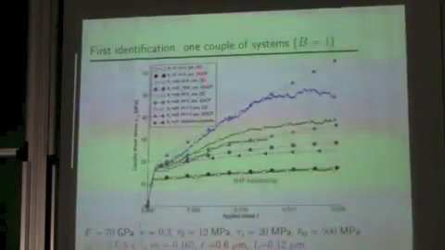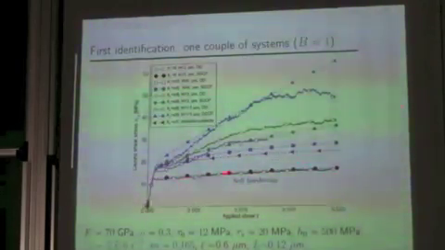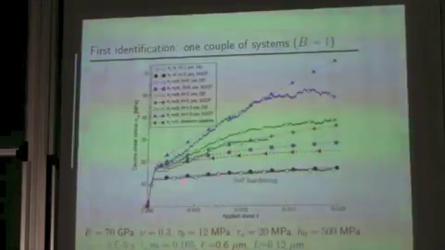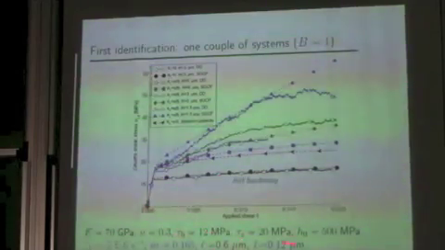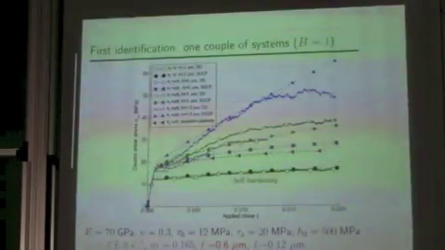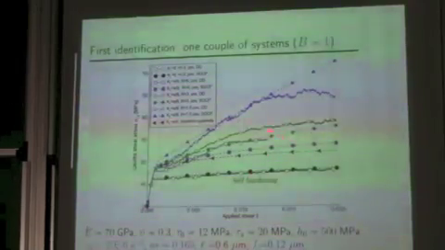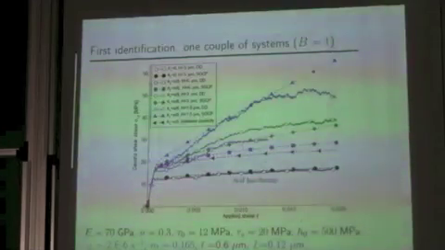So, some results. This is for just one couple of slip systems, the zero-inclined system, and on it we just identify the self-hardening parameters, of course besides the elastic moduli. These tau naught, tau s, and h0 are the three parameters in the self-hardening equation, and the results are qualitatively not too bad.